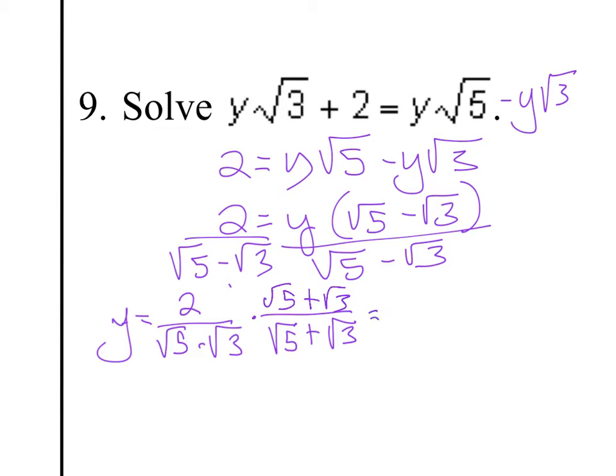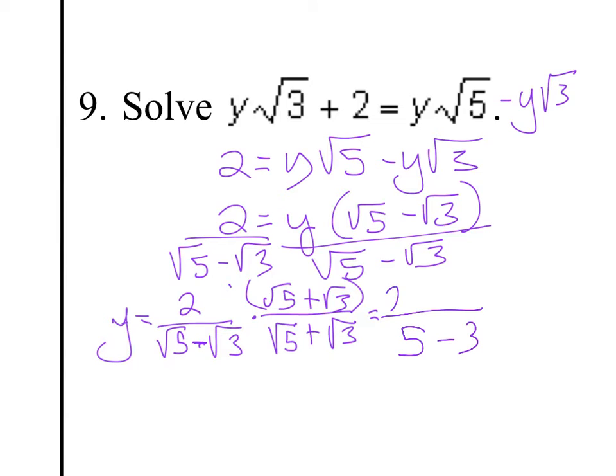Okay, so now 2 is multiplied in, distributed. Okay, I found it. It did some kind of weird flipping thing. Anyway, now my denominator is going to be root 5 squared, which is 5, minus root 3 squared, which is 3.